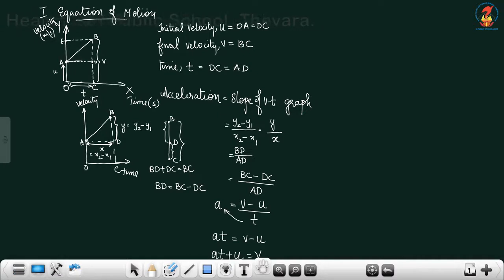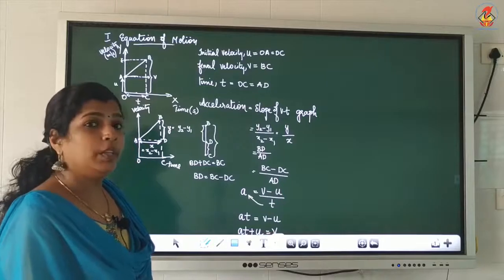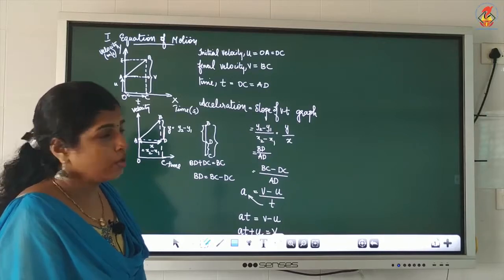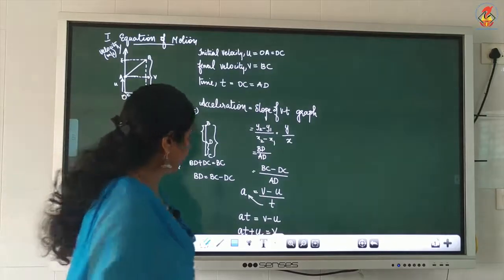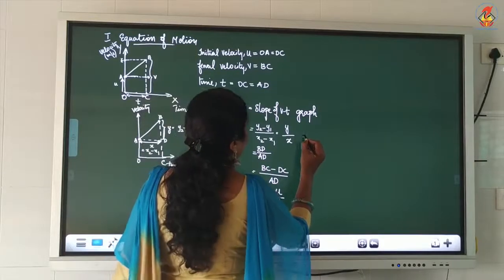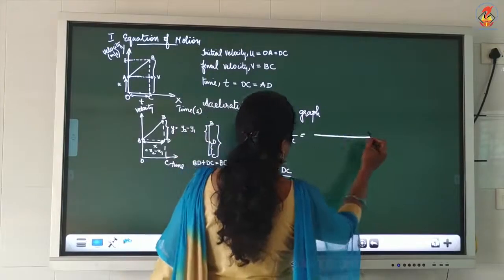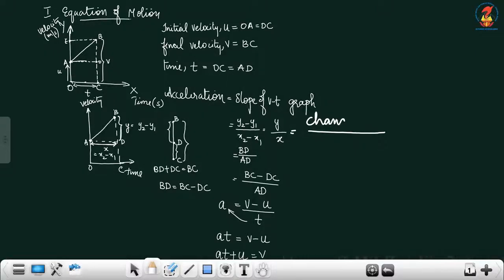Now, if you want to find the acceleration from the velocity time graph, acceleration equal to change in velocity by time. Velocity is represented along the y-axis and time is represented along the x-axis.